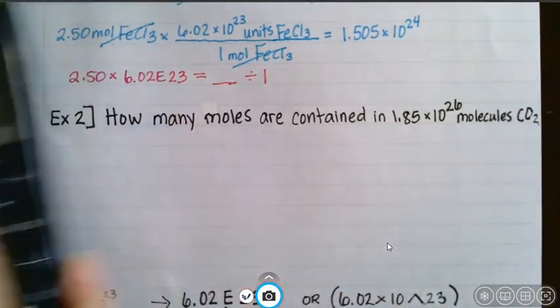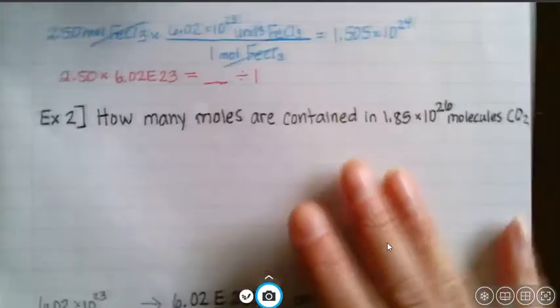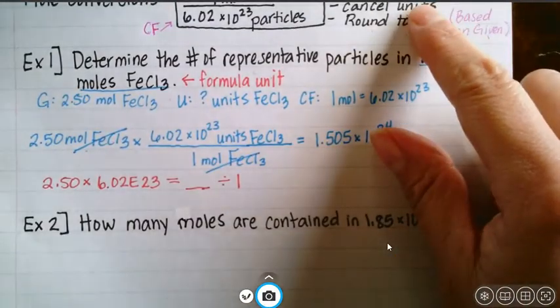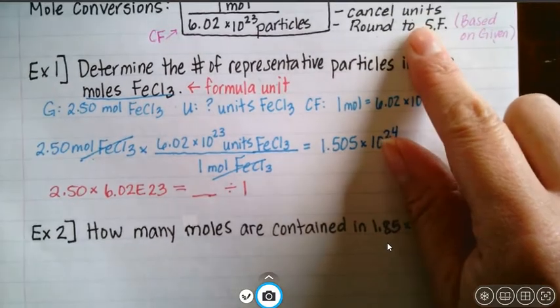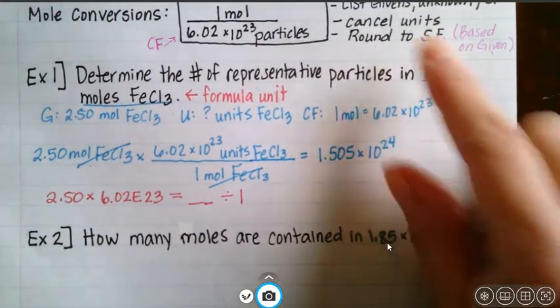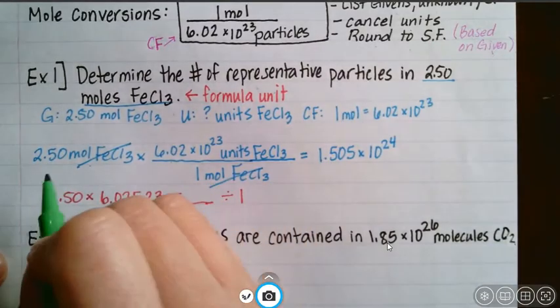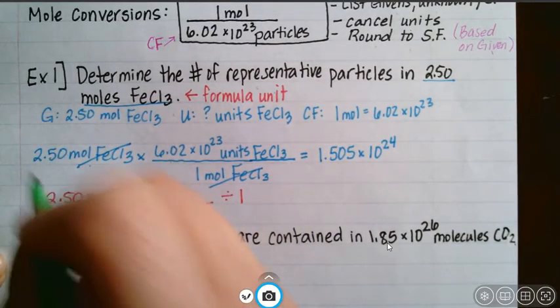Okay, so now we canceled units and we did our math. These are just some things, don't forget to do those things. But now we need to round to the same number of significant figures as in the given. So let's look at the given. The given has 1, 2, 3 significant figures.